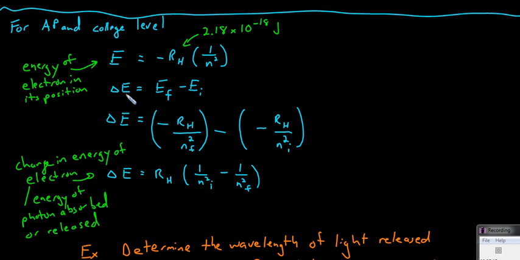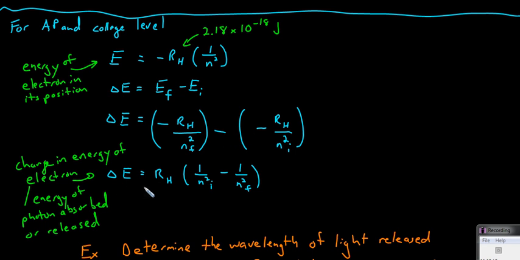The change in the energy of the electron is equal to the final energy minus the initial energy, or replacing those energies with Rydberg's constant times 1 over n squared, we get the following. And then from this we can derive the following equation.